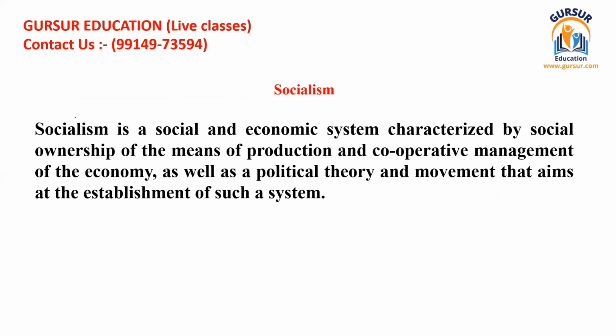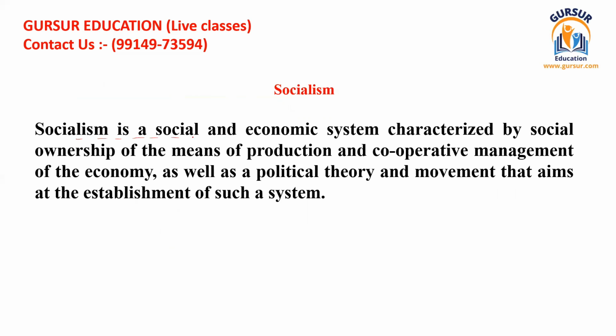The second one is the socialism system, when the means of production are not owned by private entities only; they can be owned by government institutions. This is known as a socialist system.